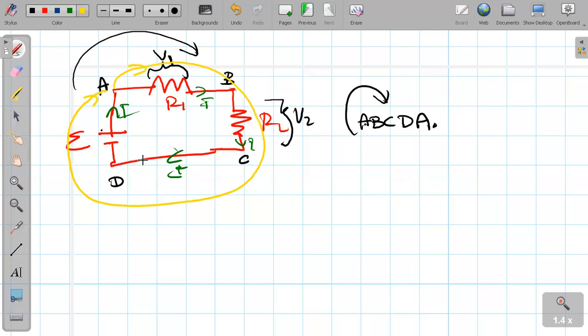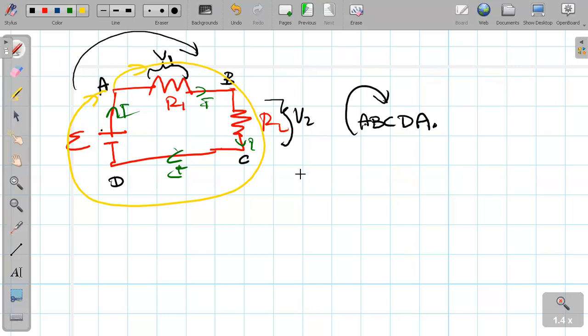The definition of EMF is the amount of energy required to bring a unit charge around a loop of the circuit. The loop should be completed when it comes back to the starting point.